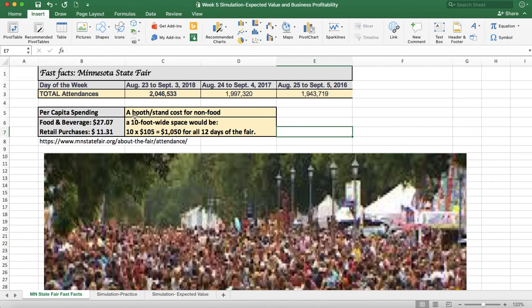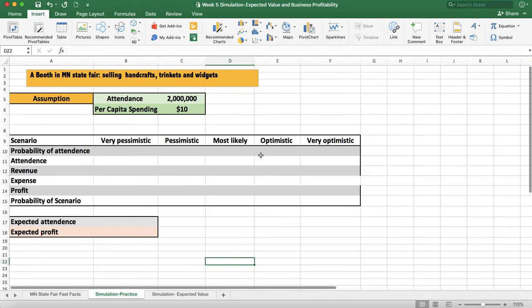A booth cost for non-food is around $1,000 for all 12 days of the fair. So we have this information. We put in our assumption.